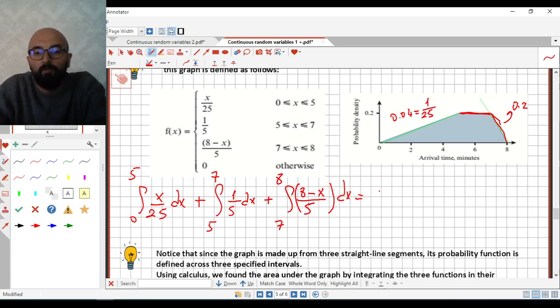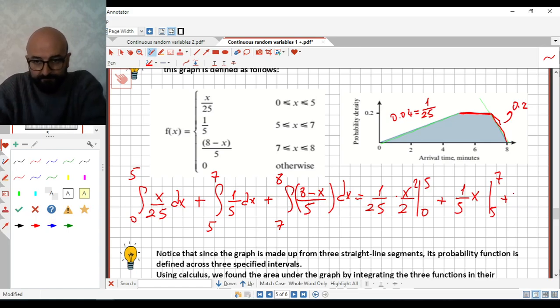It means 1 over 25 multiplied by x squared over 2 from 0 to 5, plus 1 over 5 x from 5 to 7, plus 1 over 5 times (8x minus x squared over 2) from 7 to 8.